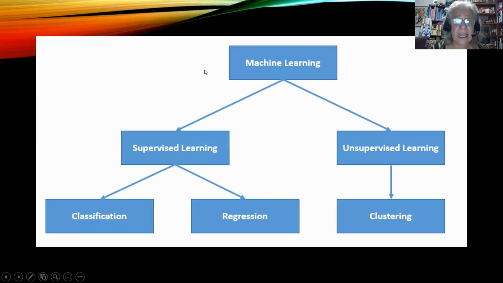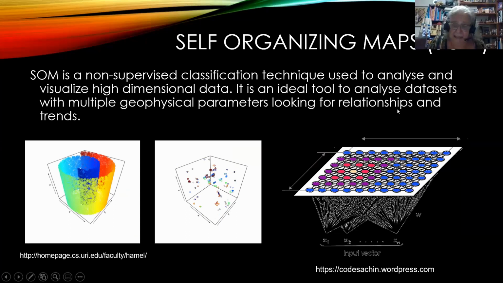In supervised learning, you have to use a test data set that you train, and then do the classification and also some regression techniques. For unsupervised learning, you can mostly use clustering, so you can learn from your data automatically.